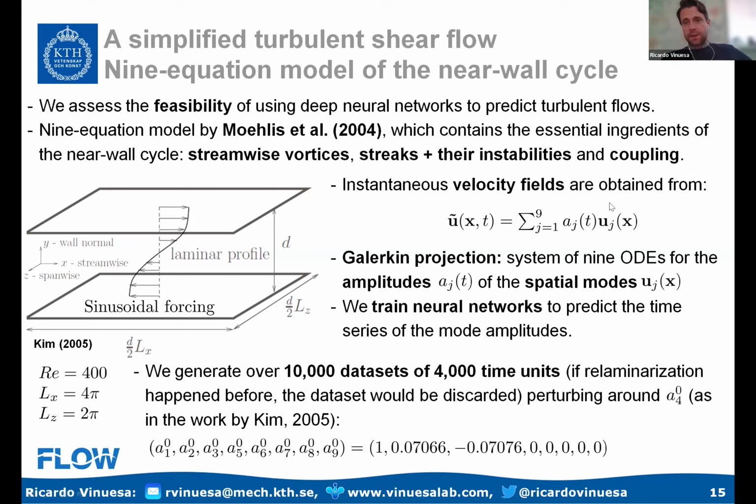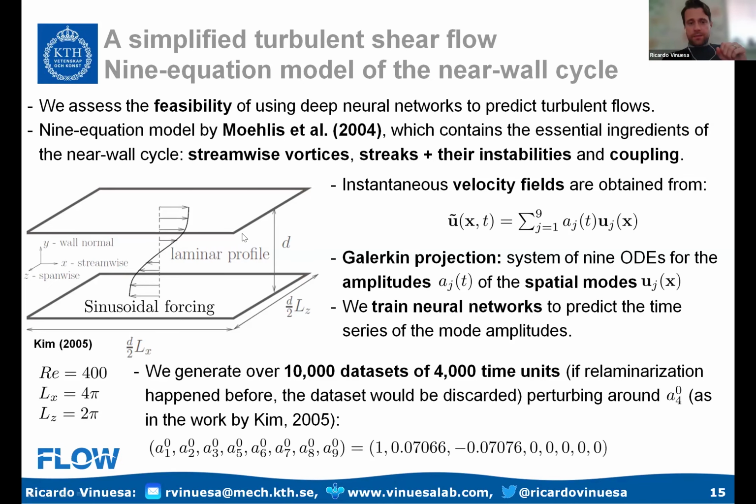So you basically get a spatiotemporal representation of the velocity field. So we have these spatial modes, these temporal coefficients, which represent the basic ingredients in the near-wall region of turbulence, and we produce a lot of data, 10,000 data sets of 4,000 time steps each.